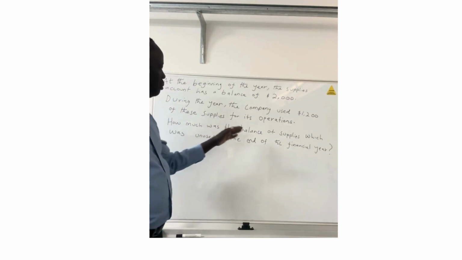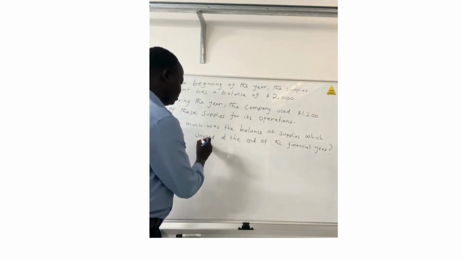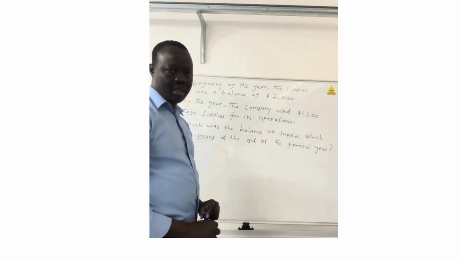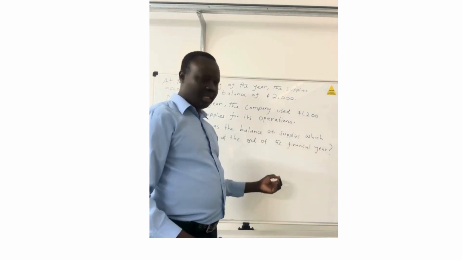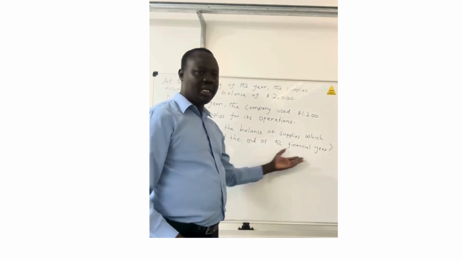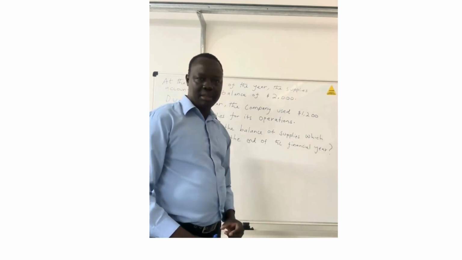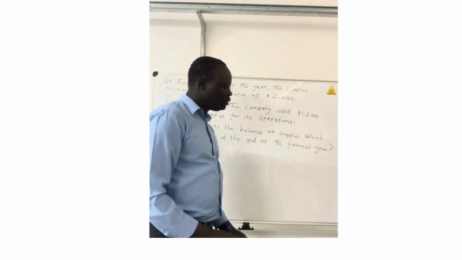How much was the balance of supplies which was unused at the end of the financial year? It can be at the end of the week, it can be at the end of the month, depending on what time frame they're asking you to calculate the balance. So it cannot be only at the end of the year.